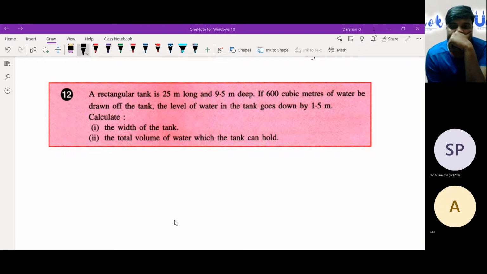I hope you get this answer right. Last 1 minute left.